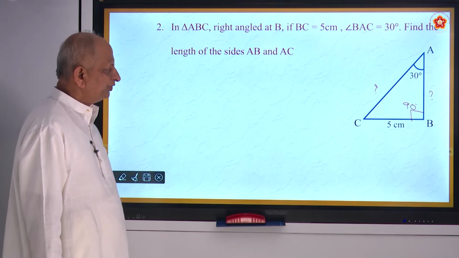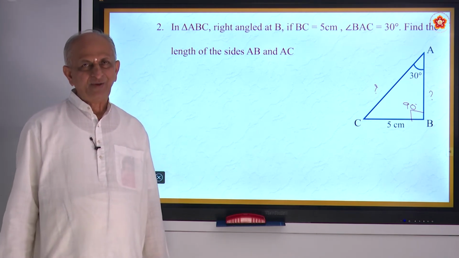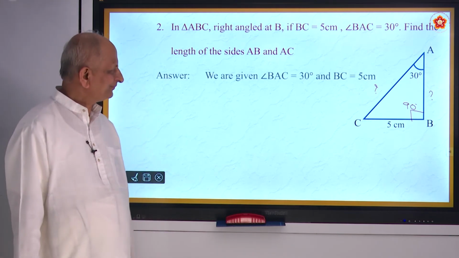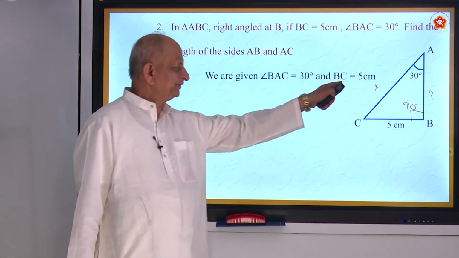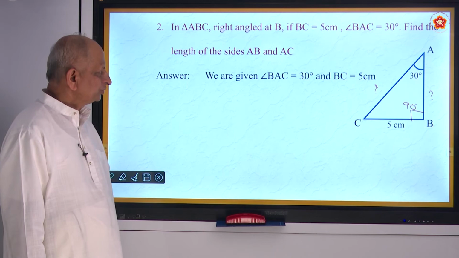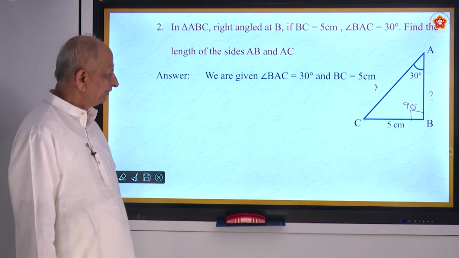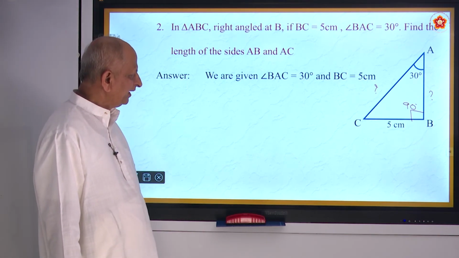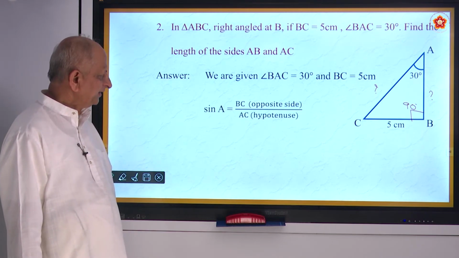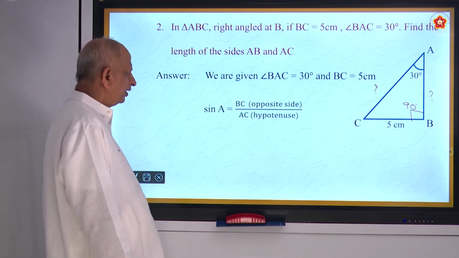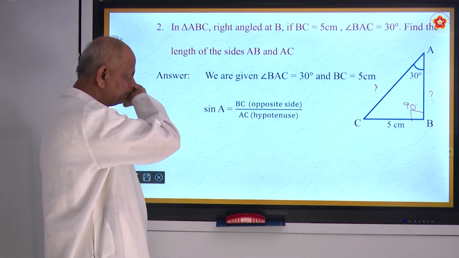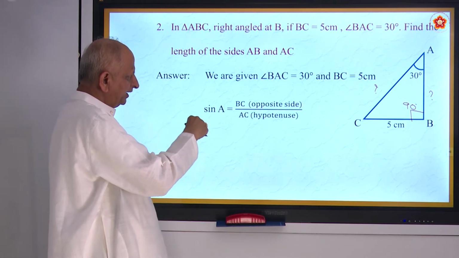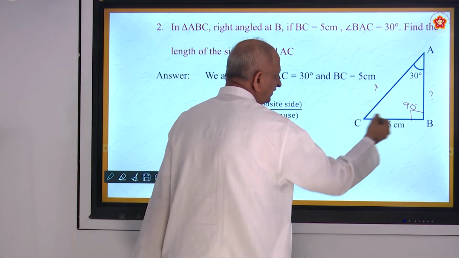For that you have to use the trigonometric ratios. So we are given BAC 30, BC is 5. So you have to find out AC. Before finding AC, you must find out AB. For finding AB or AC, you have to use the relation sine of angle A. Sine of angle A is BC by AC.